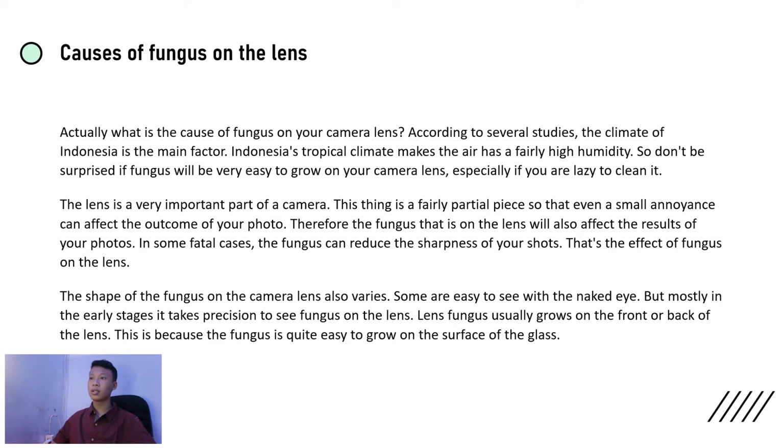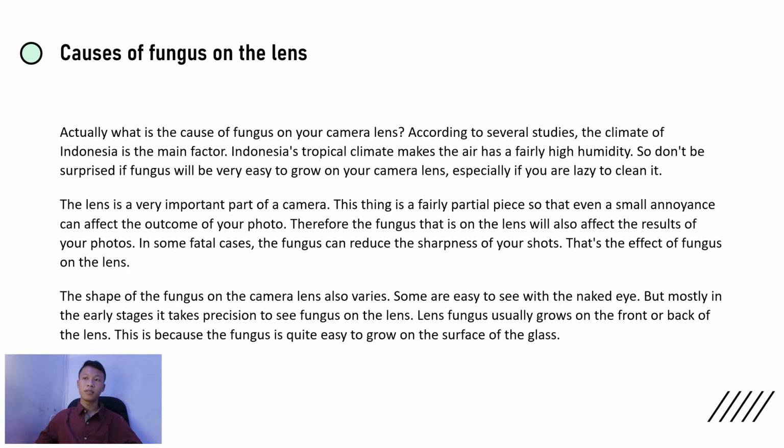According to several studies, the climate of Indonesia is the main factor. Indonesia's tropical climate makes the air have a fairly high humidity. So don't be surprised if fungus grows very easily on your camera lens, especially if you are lazy to clean it.